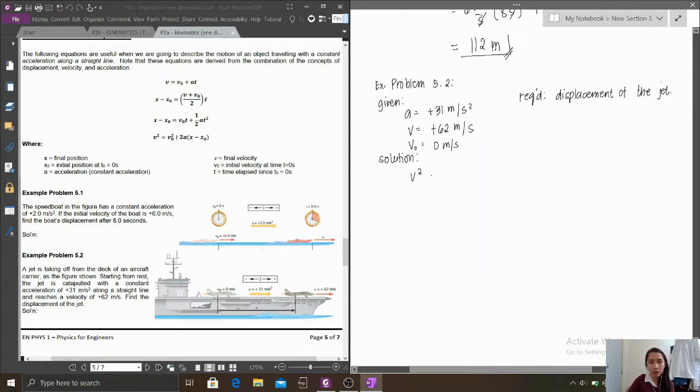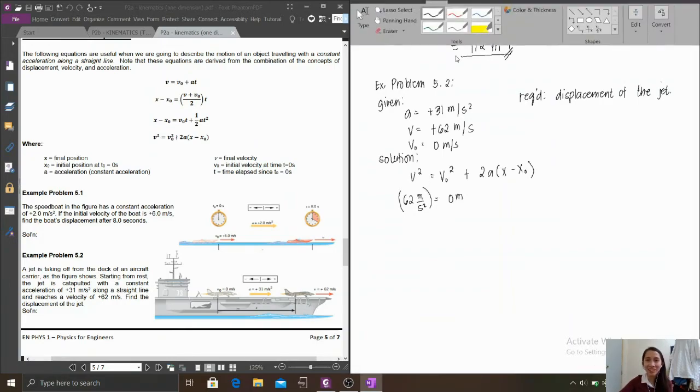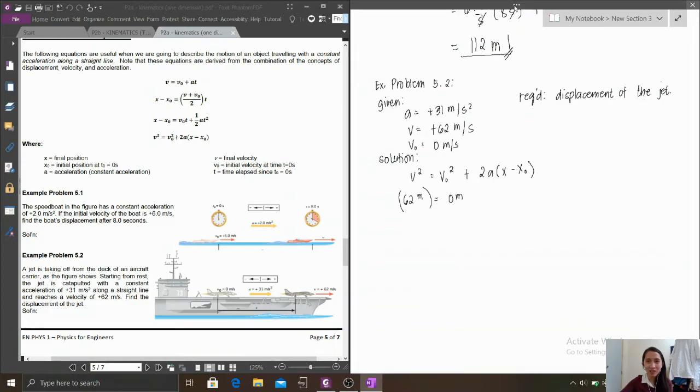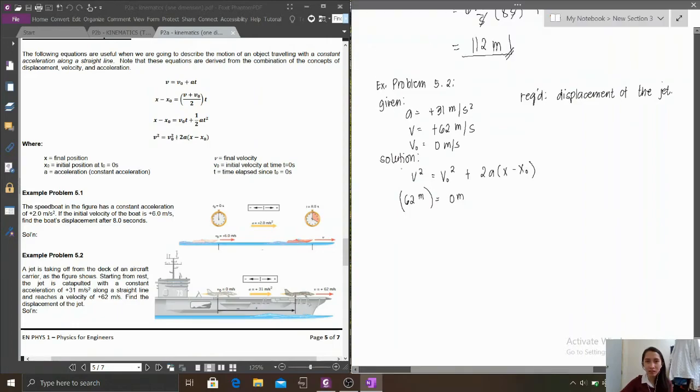So, we have v squared is equal to the initial velocity squared plus 2 times acceleration times the displacement. So, 62 meters per second, sorry, mali, dito dapat yung square, squared is equal to 0 meters per second squared plus 2 times positive 31 meters per second squared times the displacement.